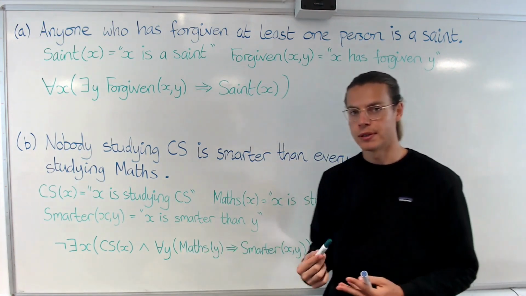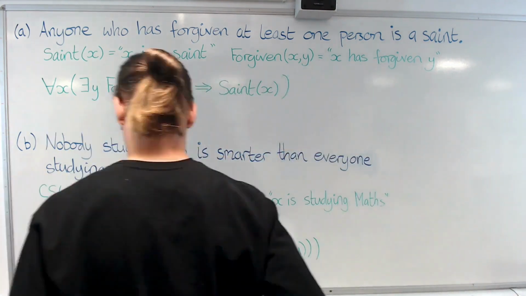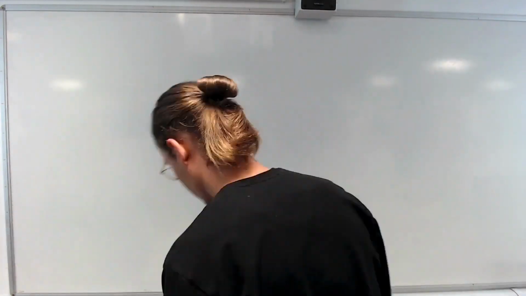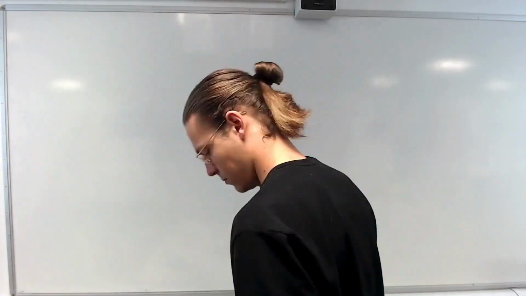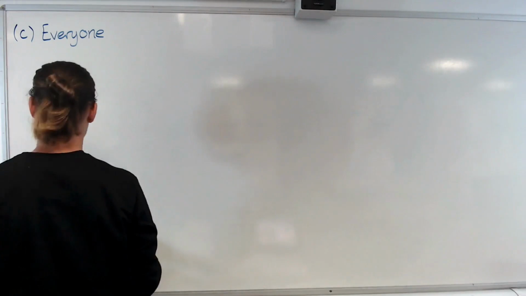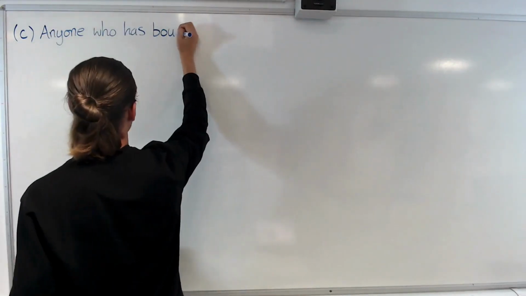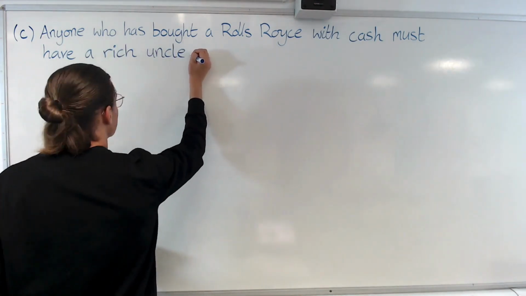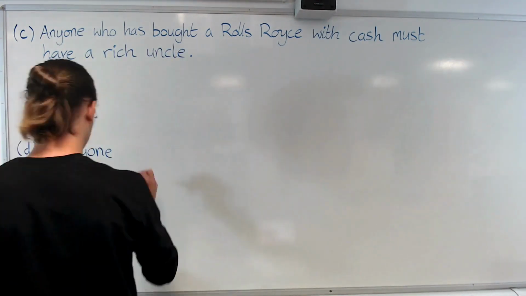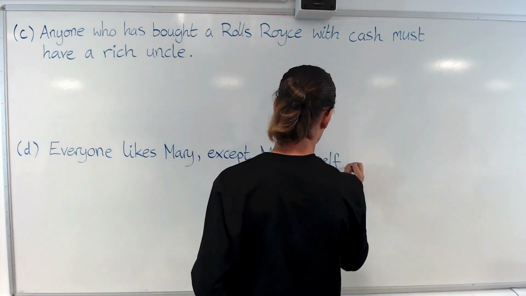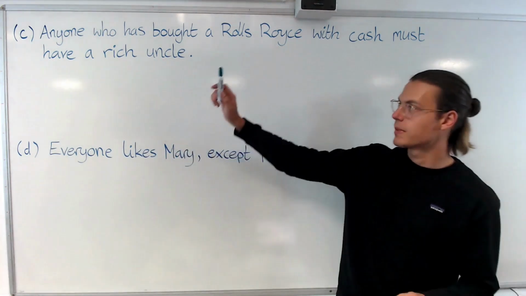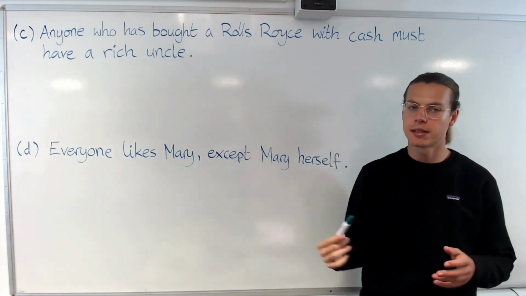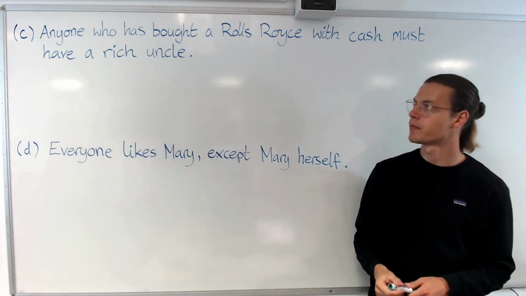Let's look at a couple more statements. Our third statement is anyone who has bought a Rolls-Royce with cash must have a rich uncle.